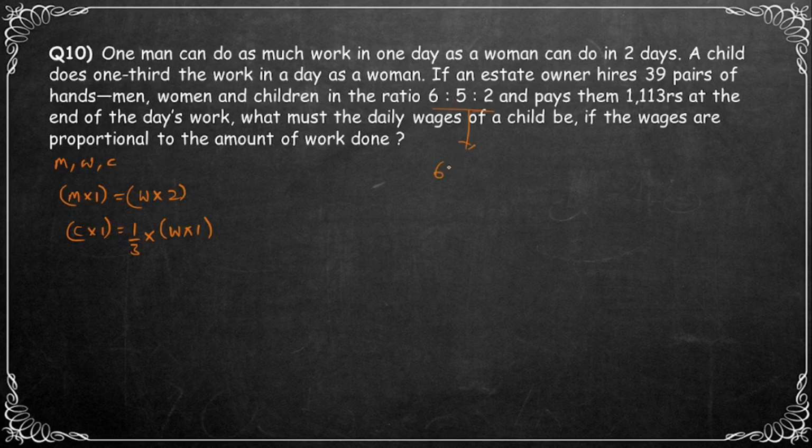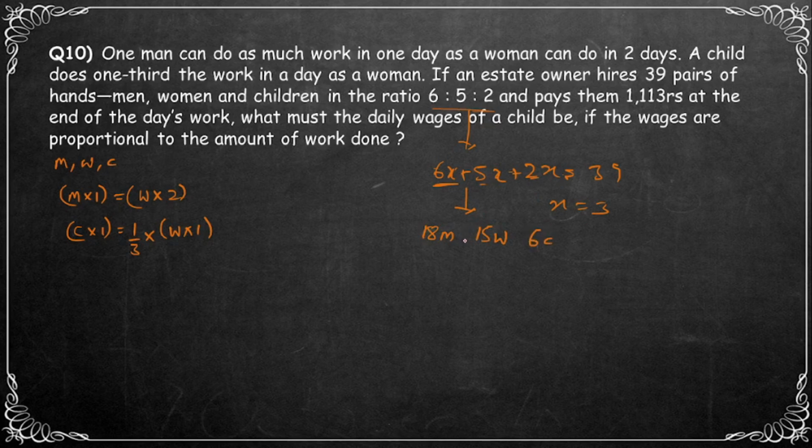So we take 6x men, 5x women and 2x children, with a common multiplier x, and if we add them we should get 39. So 6 plus 5 is 11, 11 plus 2 is 13, 39 divided by 13 is 3.